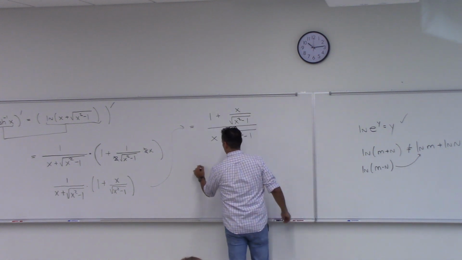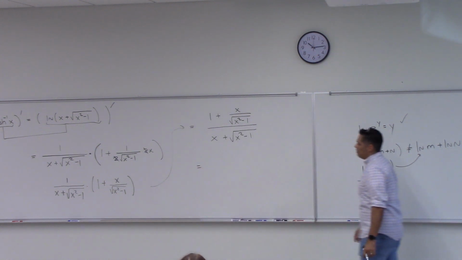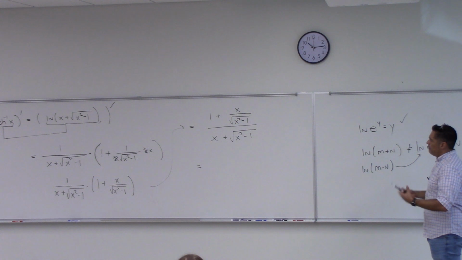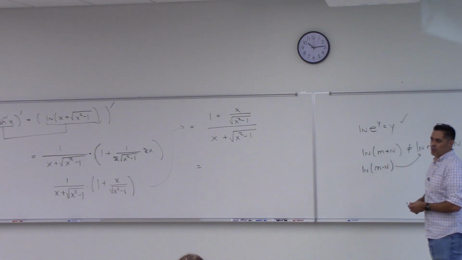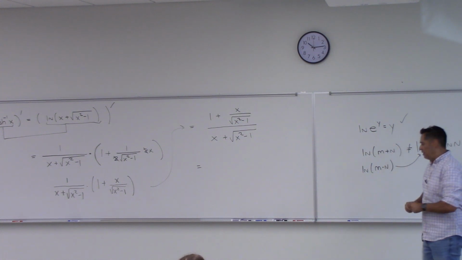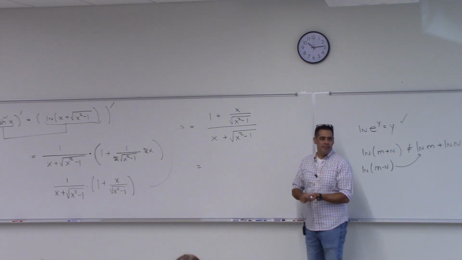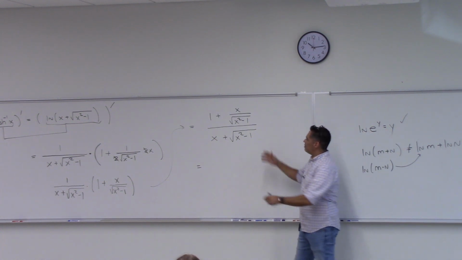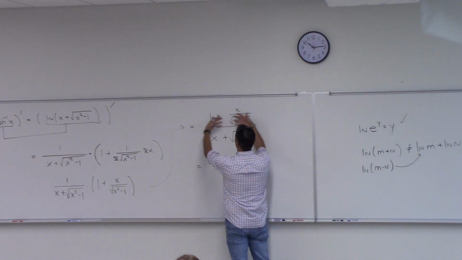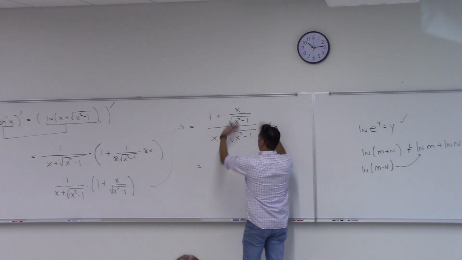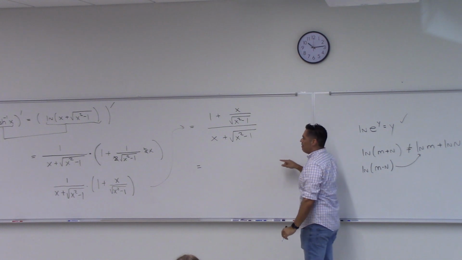All right, we could do that, right? If it were me trying to simplify this more, which it is, I would try to clear the fractions. I'd either put these two together, or I'd multiply the top and bottom by this root, which is the route I'm going to go.